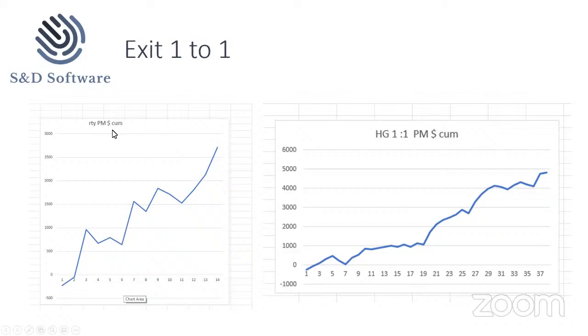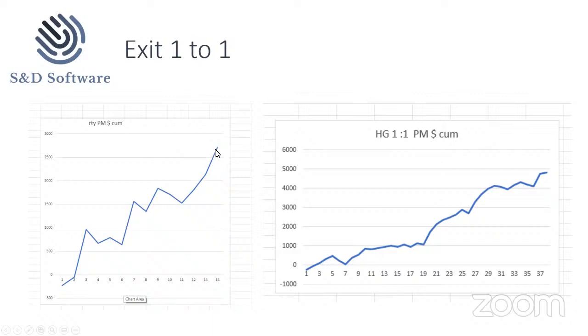This is the RTY in the evening hours, and copper in the evening hours. You can see there are times when you're going to have $500 or so of drawdown trading 1-to-1 on RTY in the evening, and probably about $500 as well on copper.